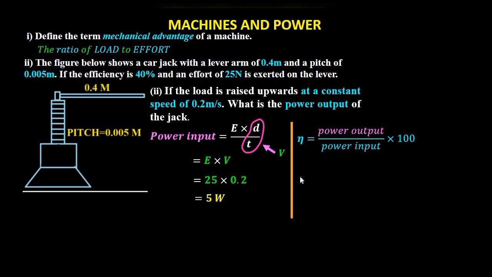And therefore, the power output is equal to efficiency over 100 times the power input. So we have efficiency, which is 40 over 100 times the power input, which we have as 5 watts. So we multiply by 5. And then finally, the power output becomes 2 watts.